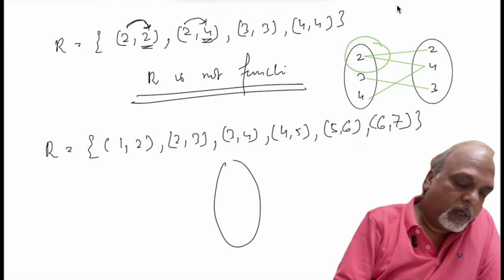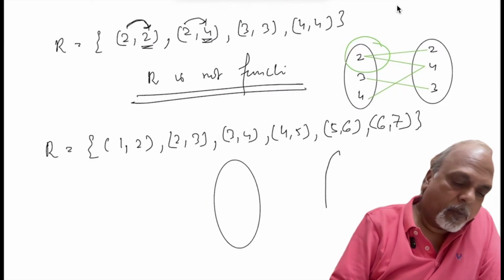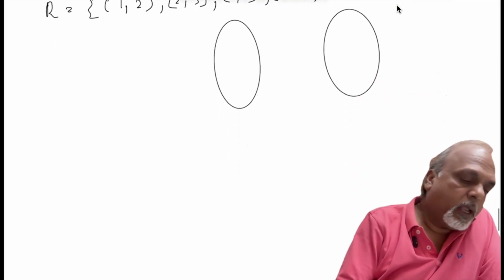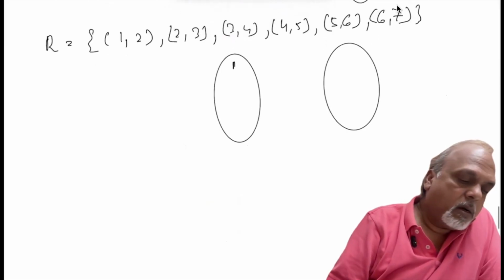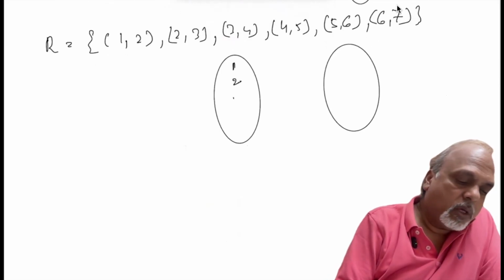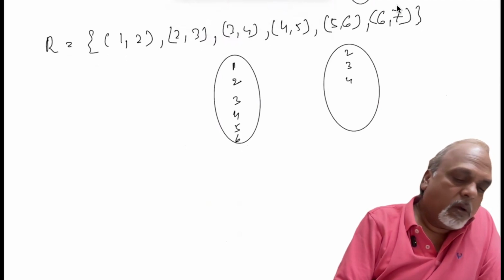Here, if you see, 1, 2, 3, 4, 5, 6, and here 2, 3, 4, 5, 6, 7.